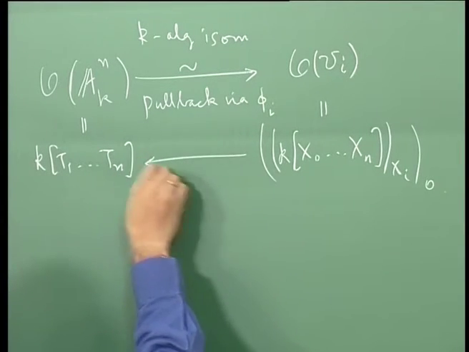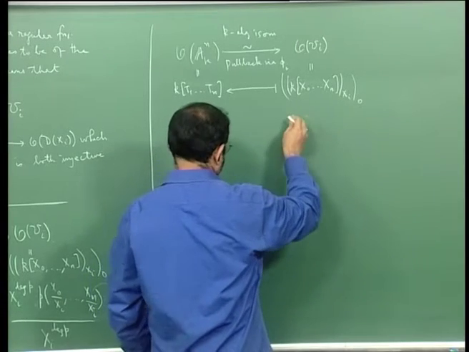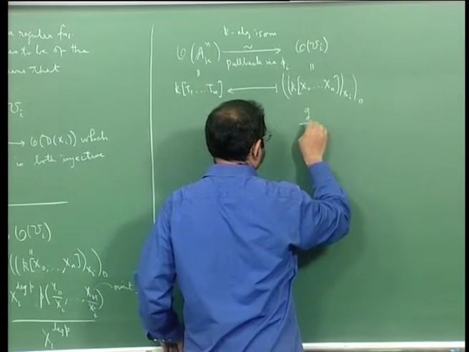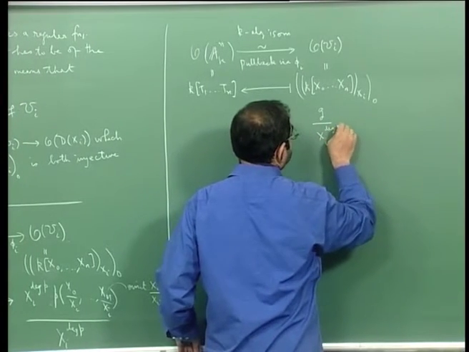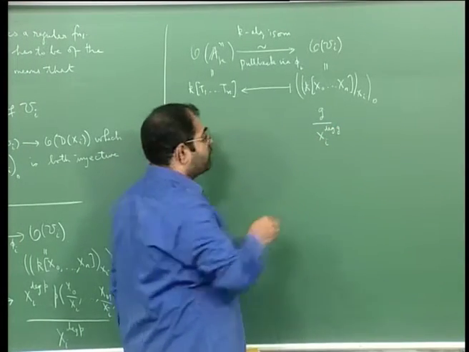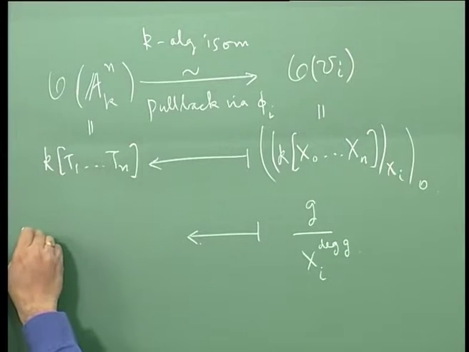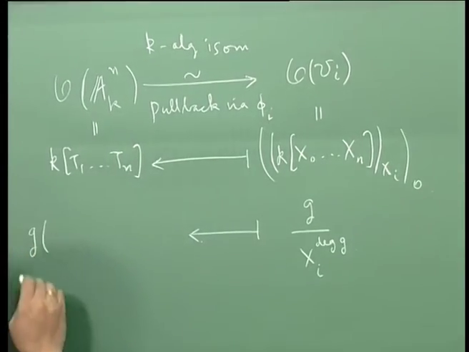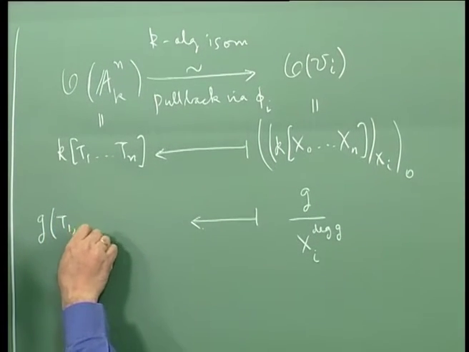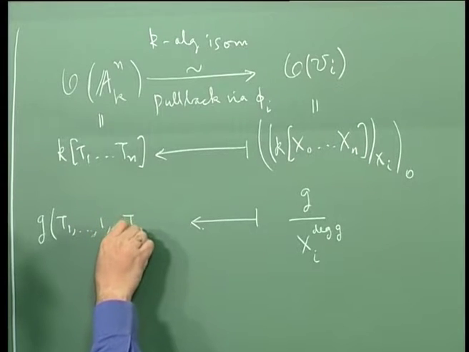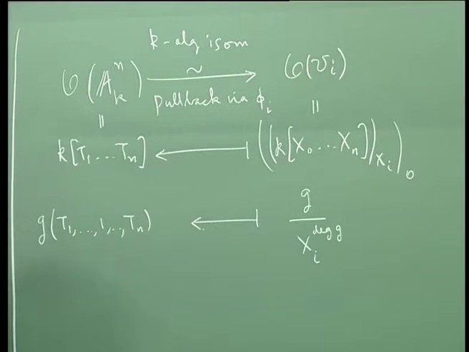You have this. So what is a map in this direction? The inverse map is you start with any g by xi to the degree g, and what you will do is simply send it to g of t1, dot dot dot, tn. This is what you will do.